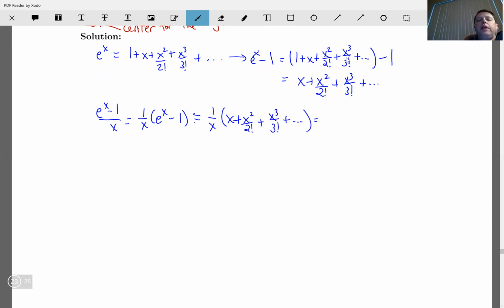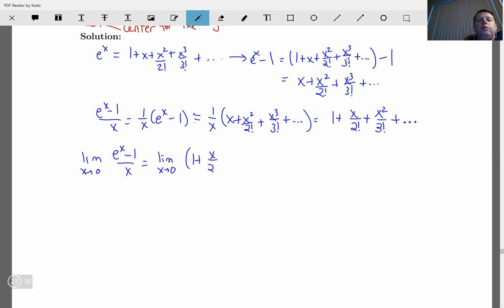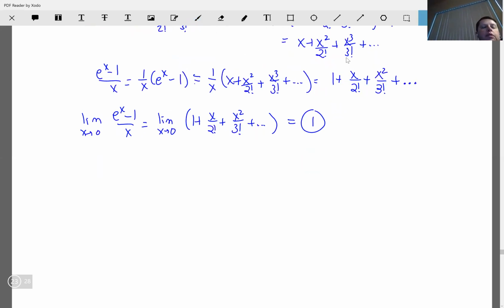And when we do that, we're going to get 1 plus x over 2 factorial plus x squared over 3 factorial plus, and so the limit as x goes to 0 of e to the x minus 1 over x is equal to the limit as x goes to 0 of 1 plus x over 2 factorial plus x squared over 3 factorial plus, which is equal to 1. And you can show that this is true.